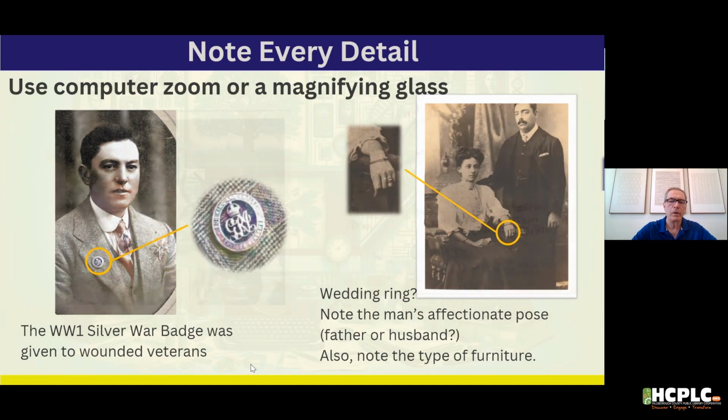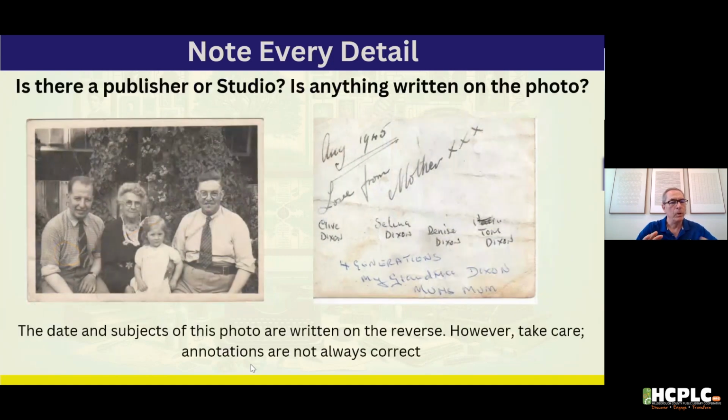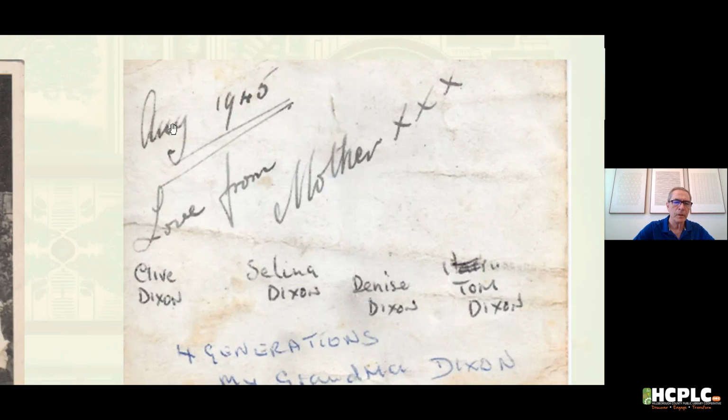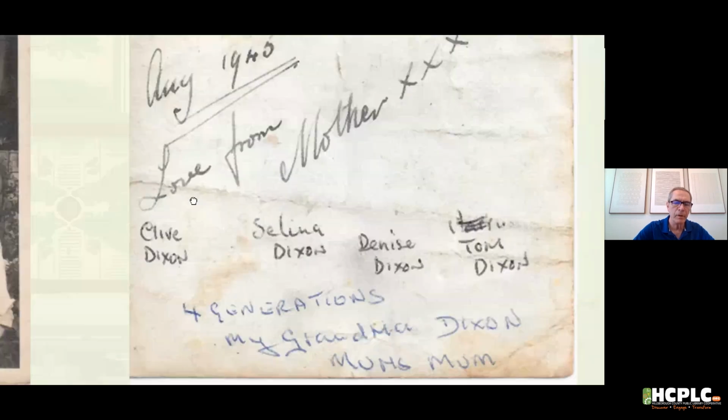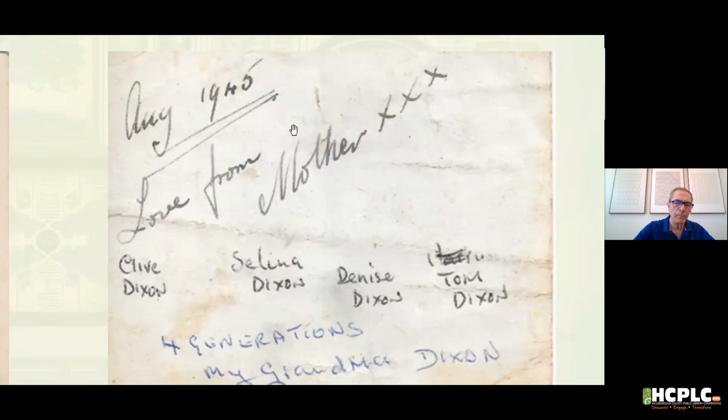When we're talking about looking at the photograph, the studio type of photographs where there's a studio name on it will give us some information, but often on the back of the photograph, and we'll have to take it out of the frame here, there is a lot of text written. In this example, somebody's written August 1945, love from mother, which looks like an ink pen.